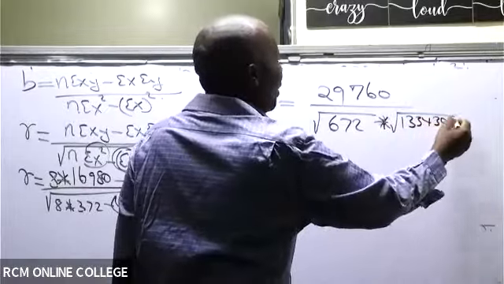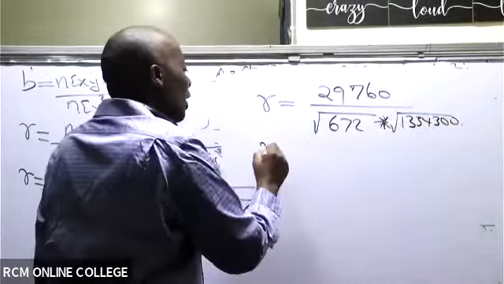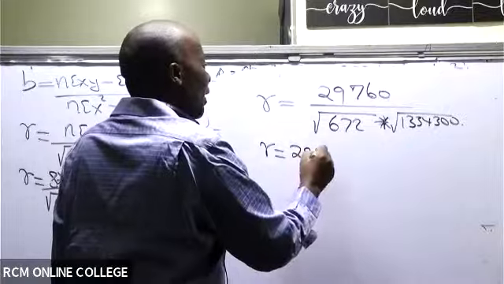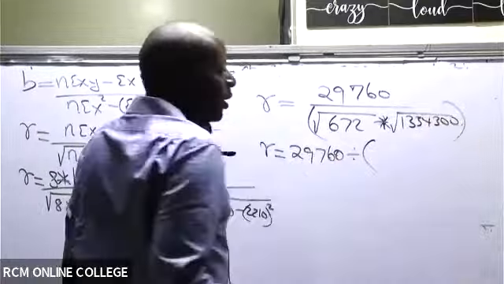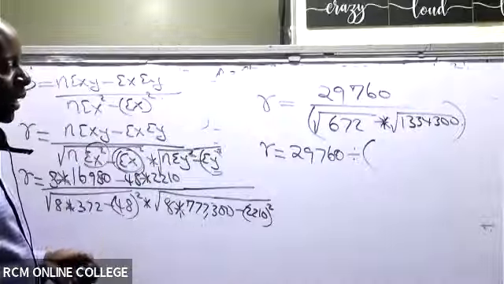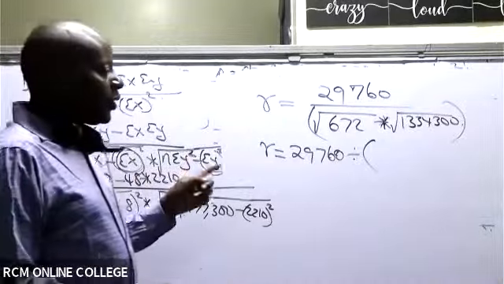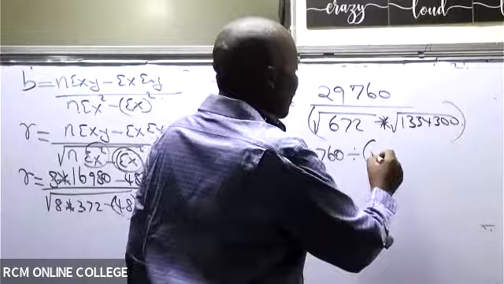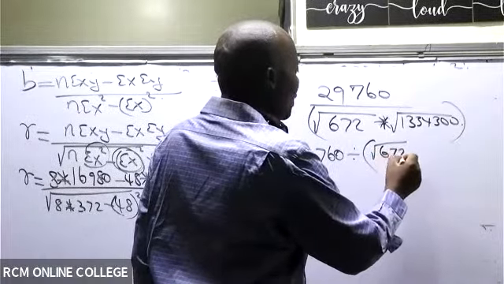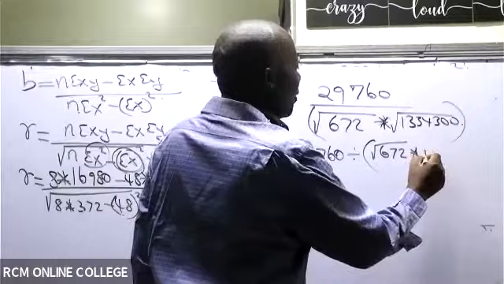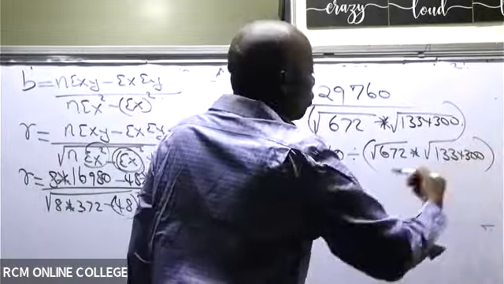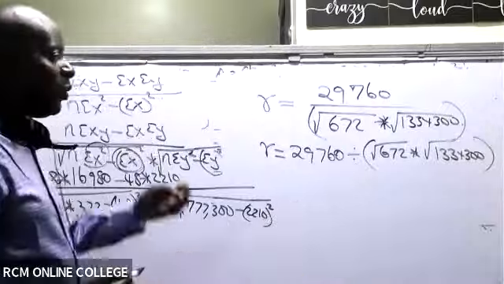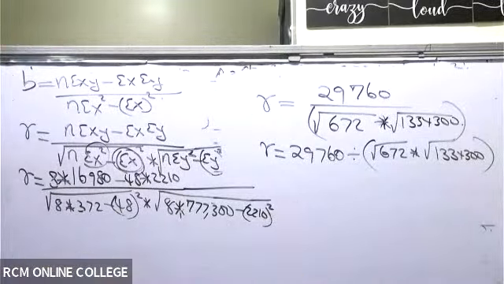So in your calculator, to get this R, you say 29,760 divided by, you open bracket here to take care of it, because there are two terms. You must always open brackets. So you say square root of 672 times square root of 1,334,300, and then you close bracket and press equals.